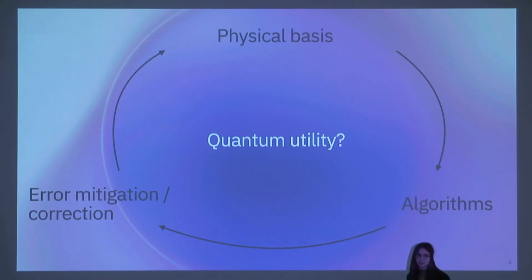We're going to look at specific problems and certain algorithms that we use to solve them. And finally, we're going to look at error mitigation techniques. Because the hardware is still noisy, we need to process the results that we get from the quantum hardware. And oftentimes, this requires us to go back to the original problem to create custom-made techniques for error mitigation.